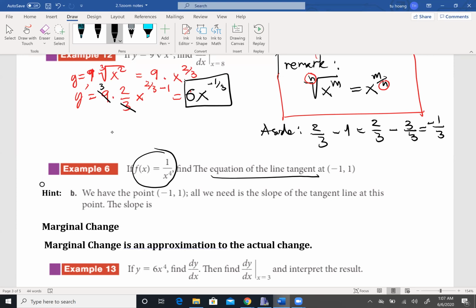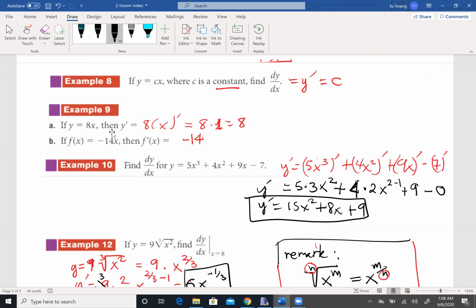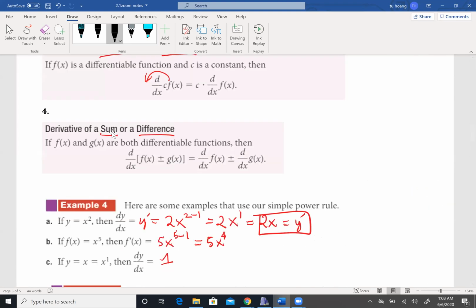And here I give you a hint: we have a point (-1, 1), and all we need is the slope of the tangent line at this point. Okay, and how can you find the slope at this point? You have to remember the definition of the derivative.